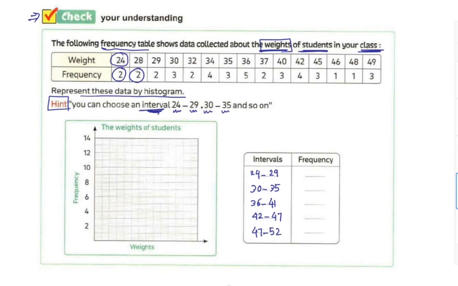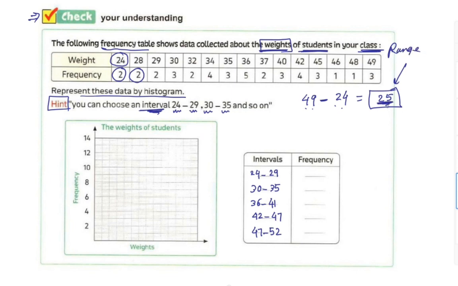Look here, he started from 24, the least weight, and the maximum value here is 49. If you subtract 24 from 49, it equals 25. This is called the range.